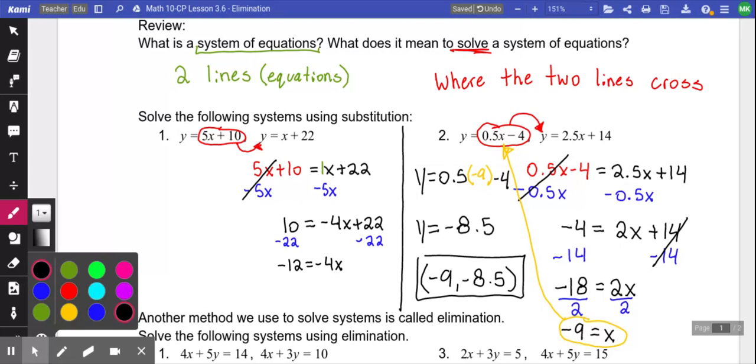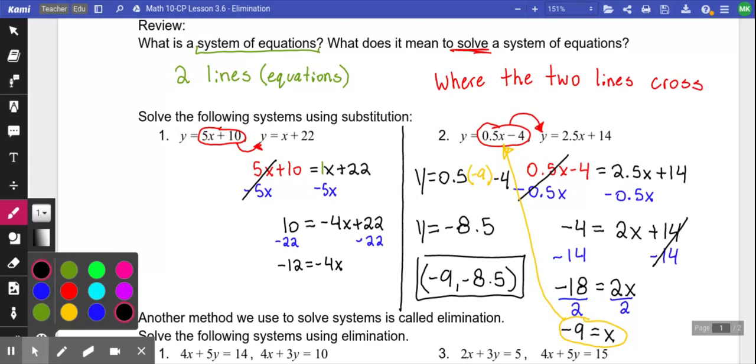What number do I have to move next? I'll give someone else a shot at it. Yeah, Sean. Yep. What number? I've got to move this negative 4 to the other side. And it's division, not addition.